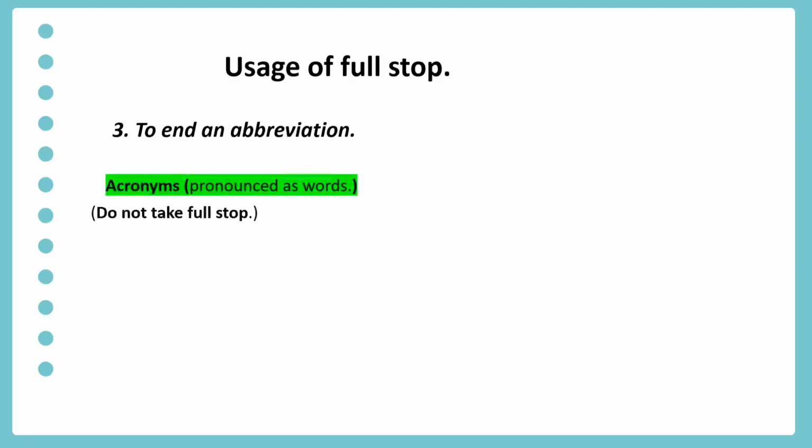These are abbreviations formed from the initial letters of a phrase but pronounced as words and do not take full stops. For example, the acronym NATO is pronounced as a word NATO and does not take a full stop.